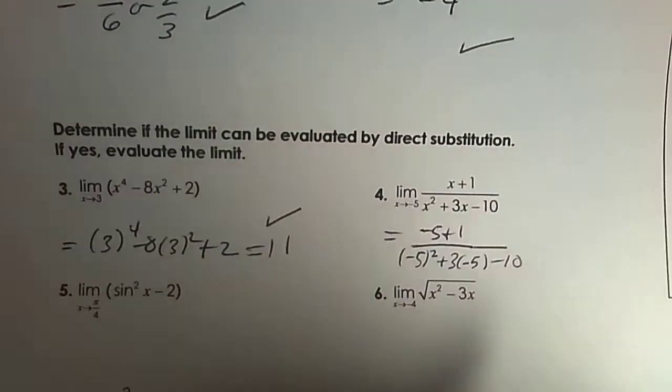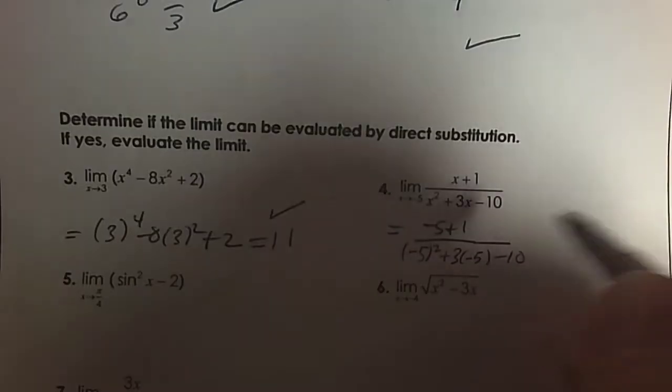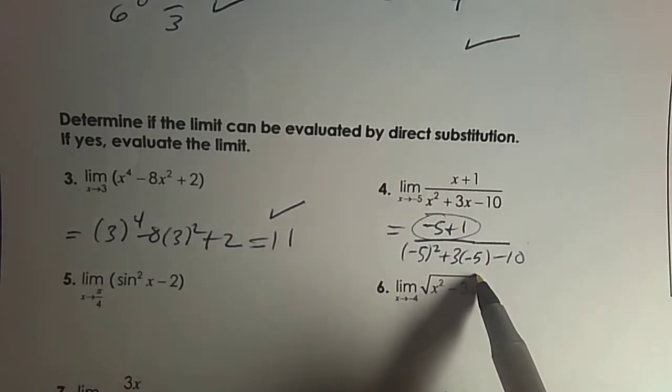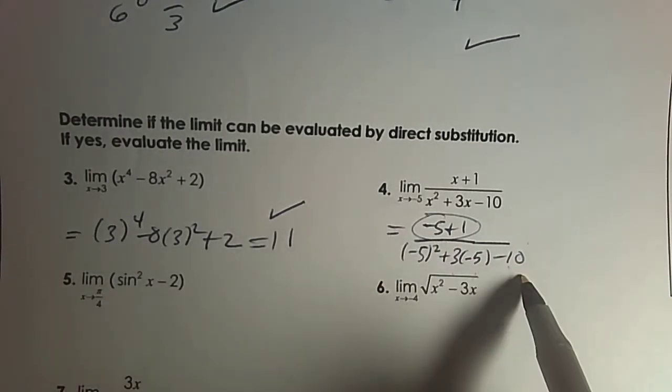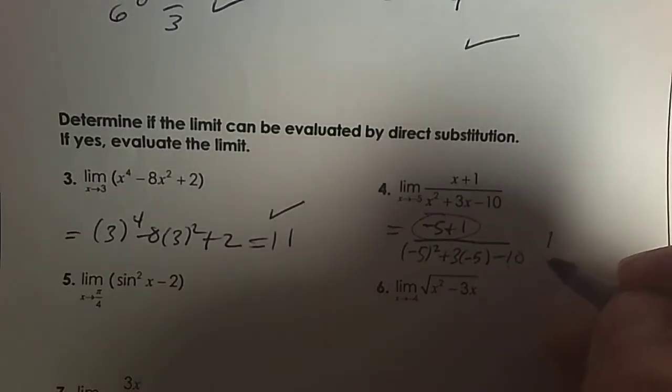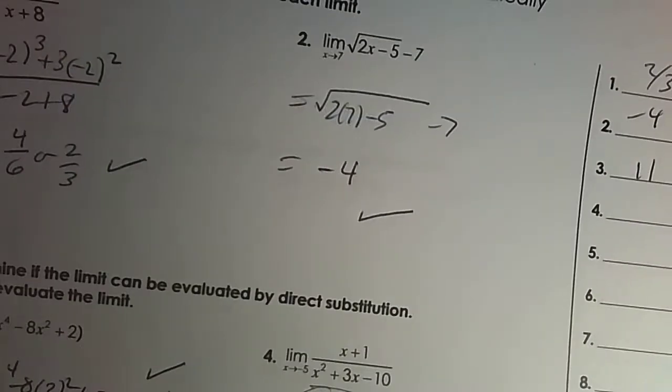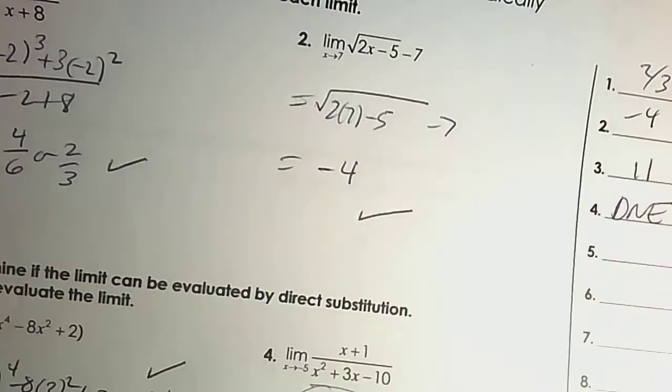So let's look at it carefully. The numerator is -4. If I look carefully here, 25 take away 15 take away 10. This limit, because it's not indeterminate, it's actually an asymptote. This does not exist. So for number 4, did you write down the limit does not exist?